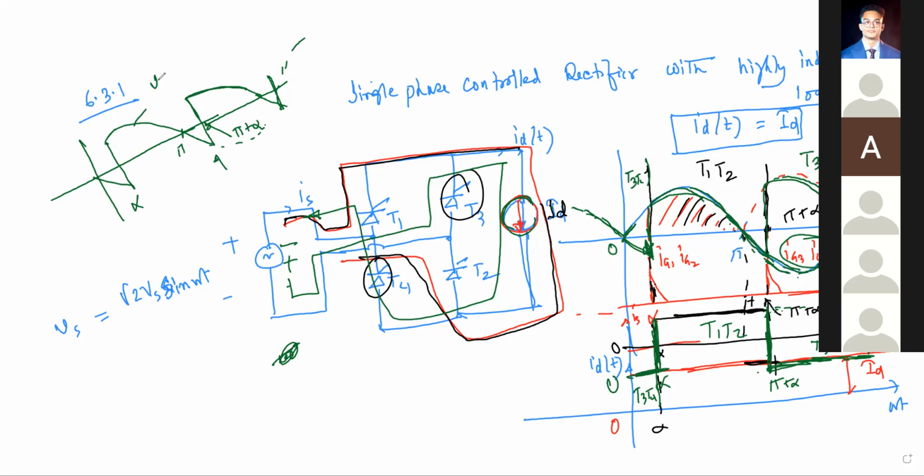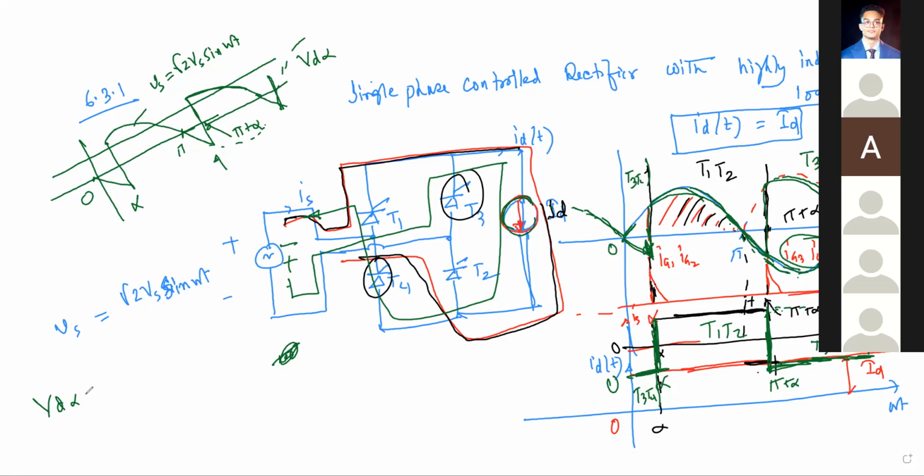And this is your Vs, that will be √2 Vs sine of omega t, and now this is 0. So I want to find out the average value again. So Vd alpha. Yes, they put Vd alpha in the book.